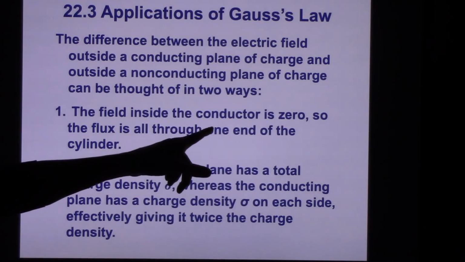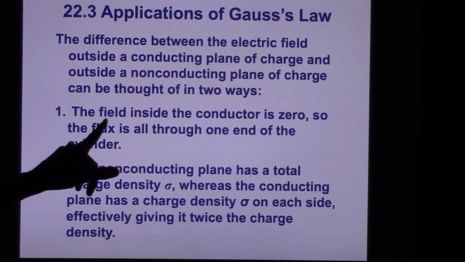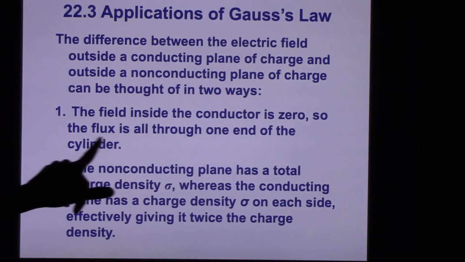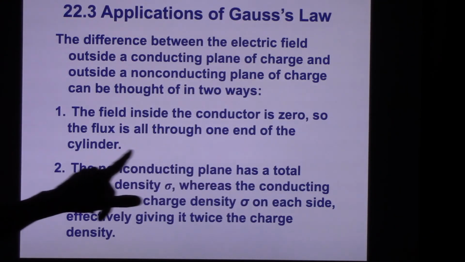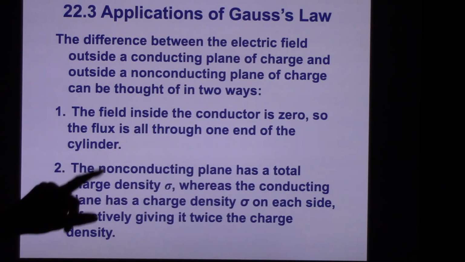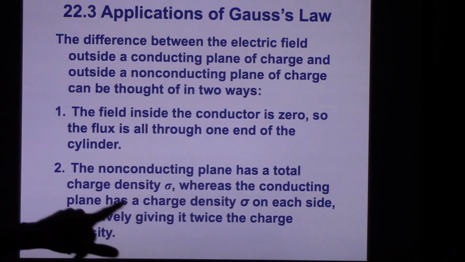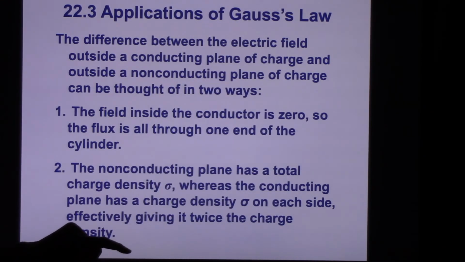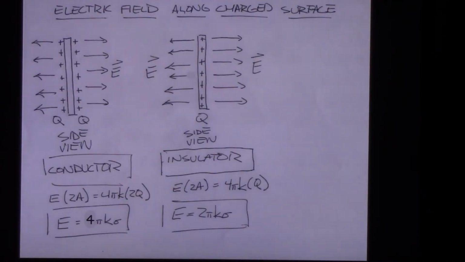So for a conductor, the field inside is going to be 0, and so we think of all the flux coming out through one end. In a non-conducting plane, the electric field passes through the material, and so in that example, we have the E field going in both directions. It's kind of confusing.